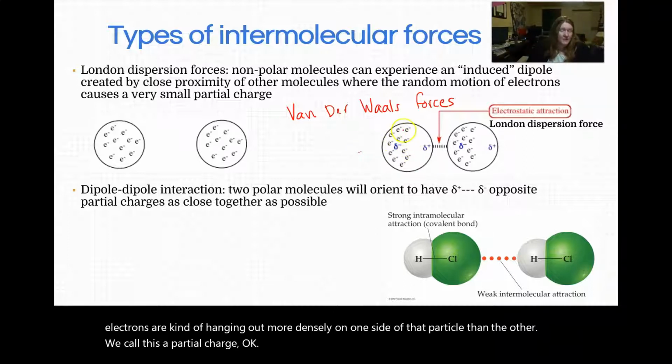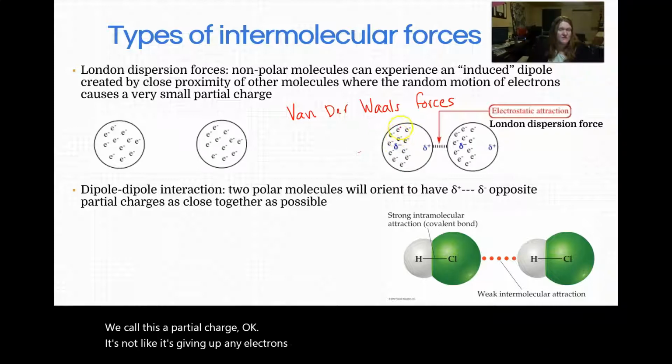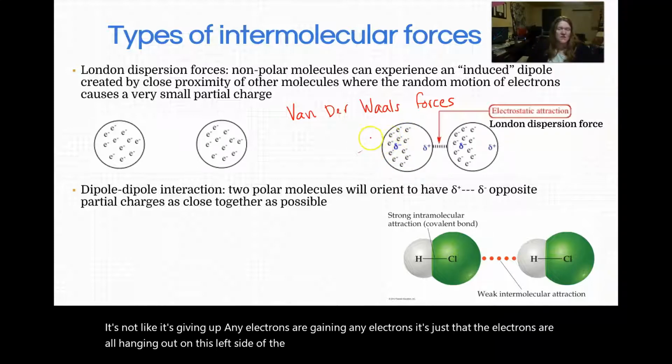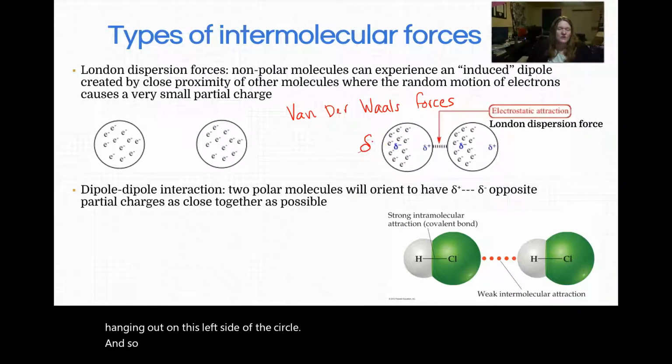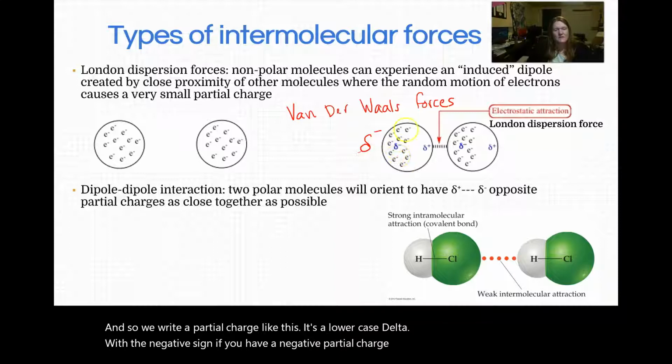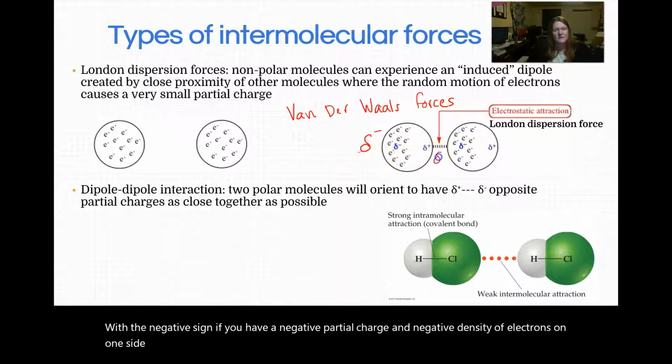It's not like it's giving up any electrons or gaining any electrons. It's just that the electrons are all hanging out on this left side of the circle. And so we write a partial charge like this. It's a lowercase delta with a negative sign. If you have a negative partial charge, a negative density of electrons on one side of the molecule, then the other side is positive. Okay?